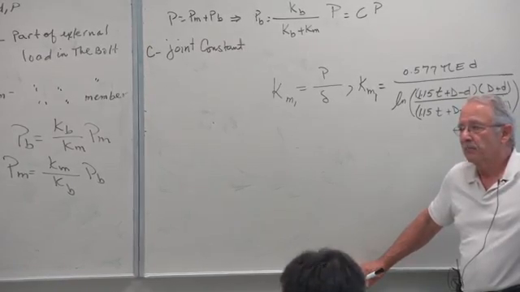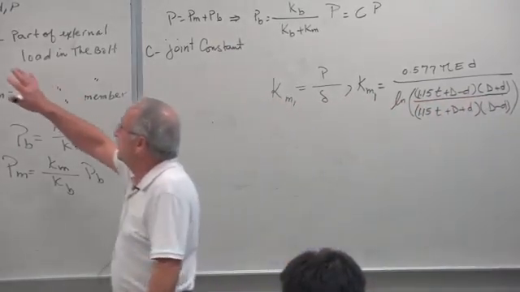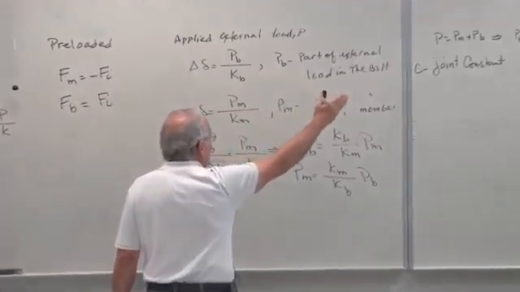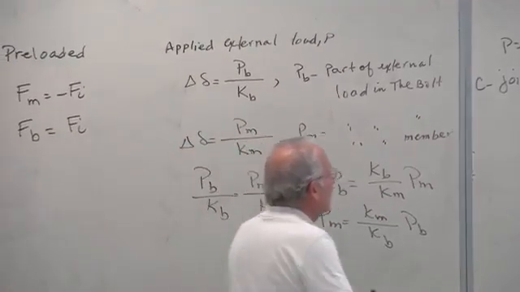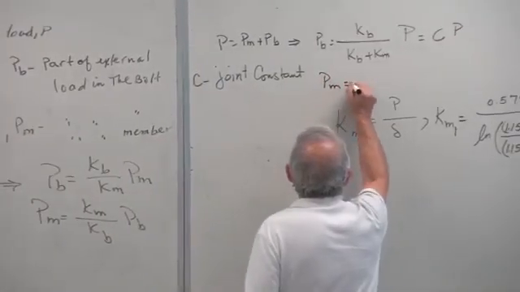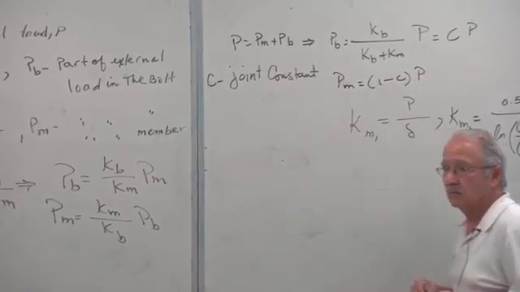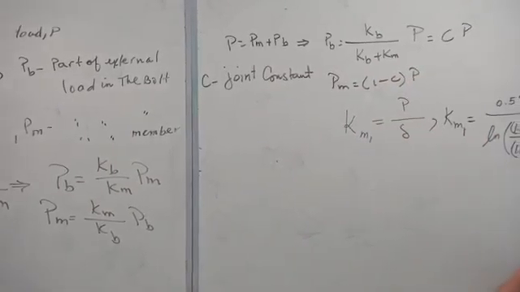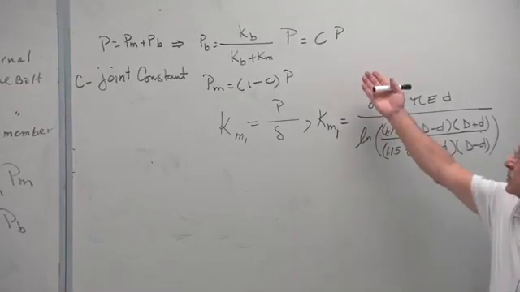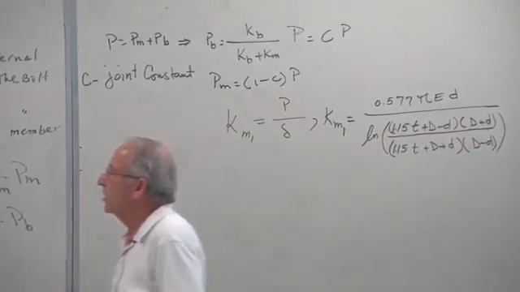Okay? Now, once we have applied the external load, in the member we have PM equal to 1 minus C times P. Part of P must go into the member, part of it must go into the bolt. If that's the part that goes into the bolt, that must be the part that goes into the member.